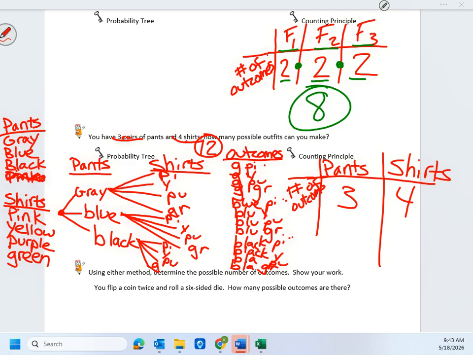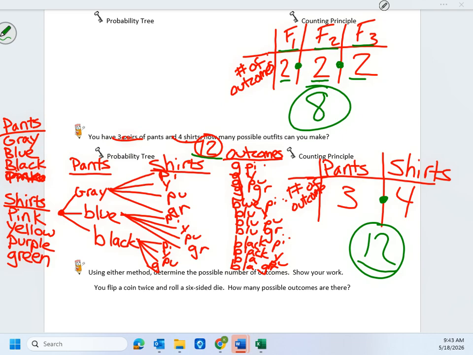Now that I've filled in the table for the counting principle, what math do I do? Audrey? 3 times 4. Yeah, I multiply all those outcomes. What is 3 times 4, Audrey? 12. And look, I had 12 with the probability tree, 12 with the counting principle. So if you just want to know total outcomes, you can use that counting principle.